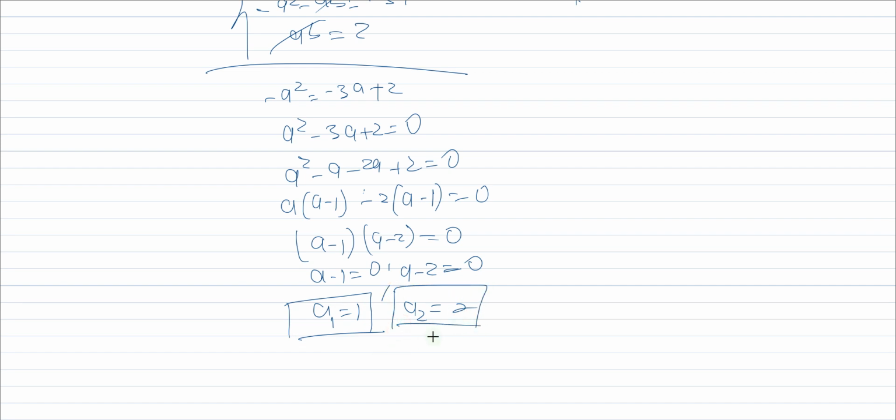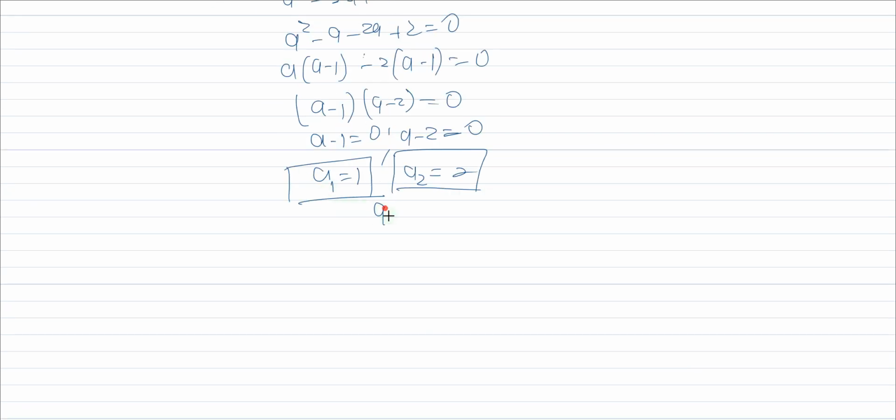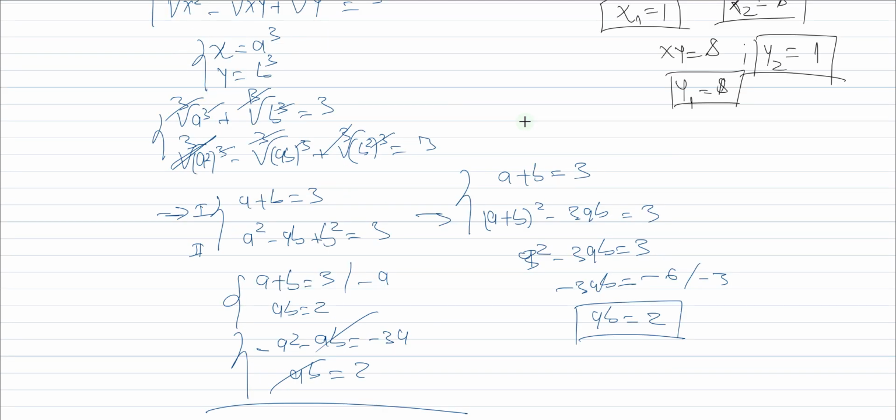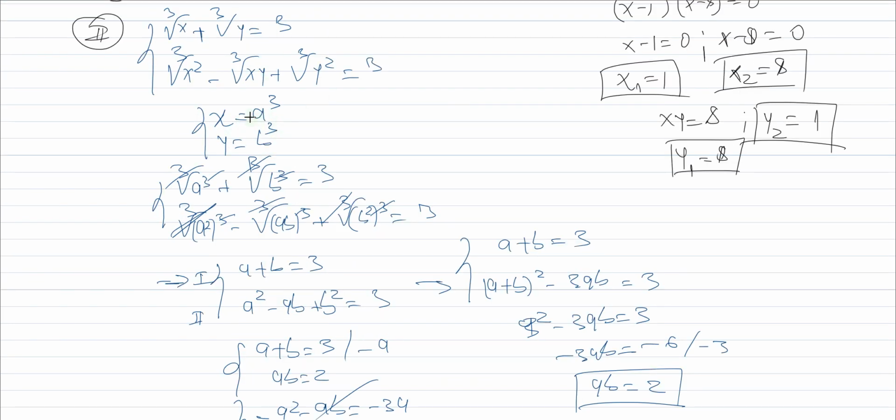So a times b is 2, right? If a is 1, b1 is 2, and if a is 2, then b2 is equal to 1. So now we say that x is equal to a to the power of 3.